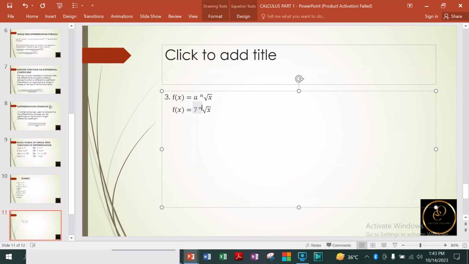And then we have, say, 4, and then the third root of 4.